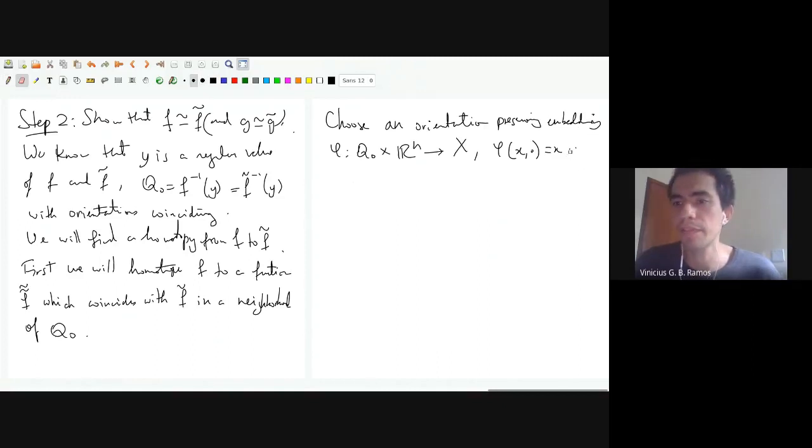So I mean, this is the easiest tubular neighborhood theorem. So if this is my Q0, I just take very little neighborhoods like this. Okay. Yeah, but I want them to be orientation preserving. That's the only thing. So the way I map Rn here has to match with the orientation. So if this is a plus, minus, I have to be consistent with that.